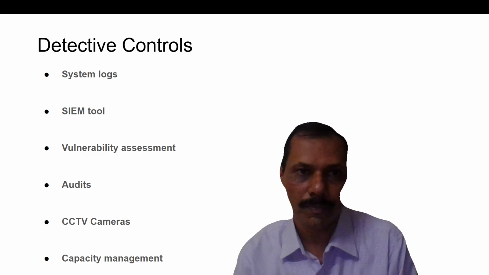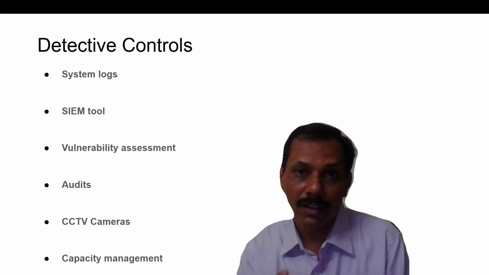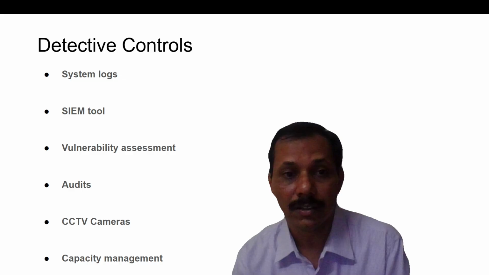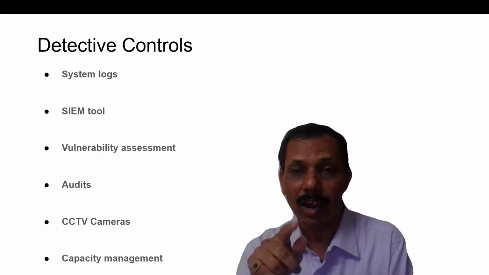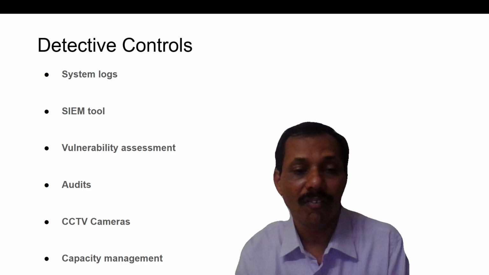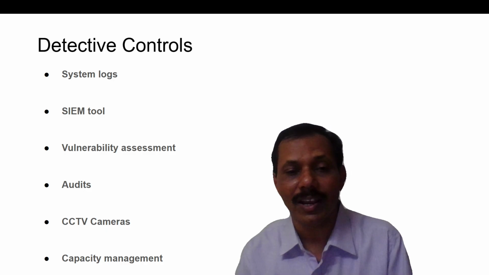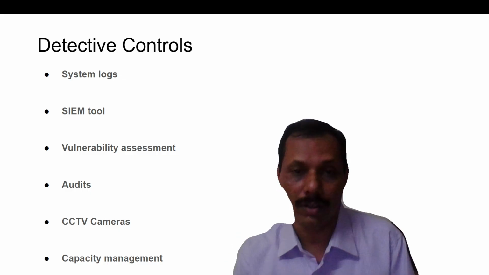CCTV cameras. If you have watched our video on deterrent controls, I mentioned CCTV cameras and put question marks. Why? Because I asked a question: is a CCTV camera really a deterrent control?